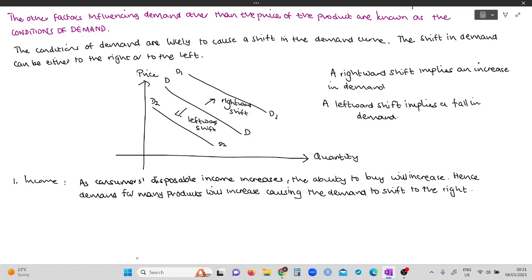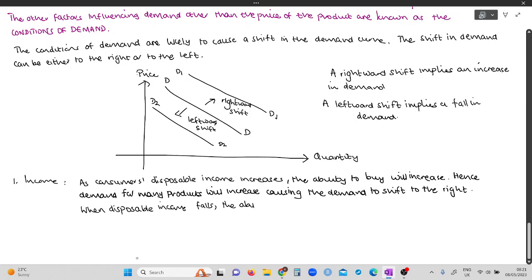When demand increases. Maintenant, le contraire, bien sûr. When the disposable income falls, the ability to buy will definitely decrease. Donc, demand will decrease, and then the demand curve will shift to the left.